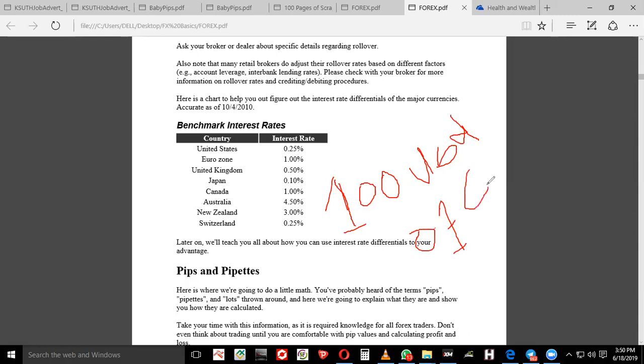So if I'm using a higher lot size on my account, the higher the chance of me losing that money, and the quicker the probability of me gaining money in the market.